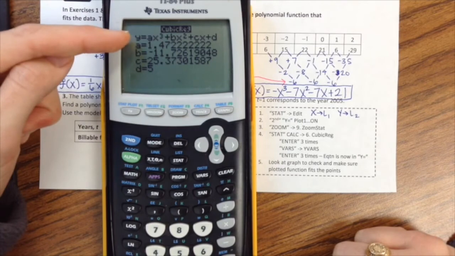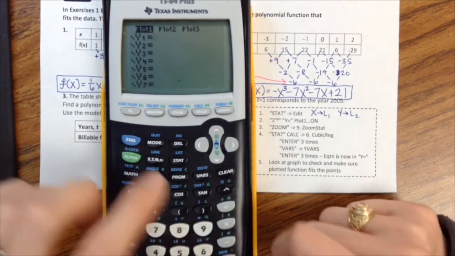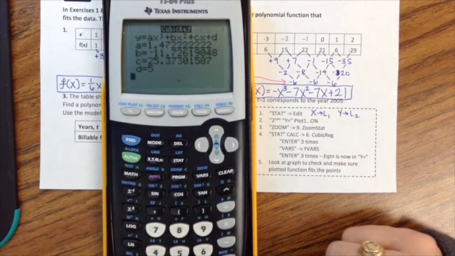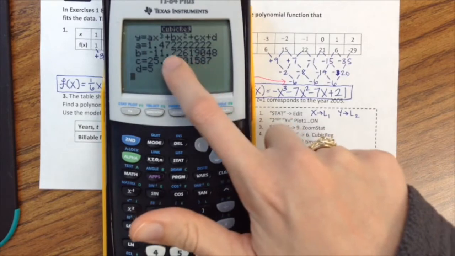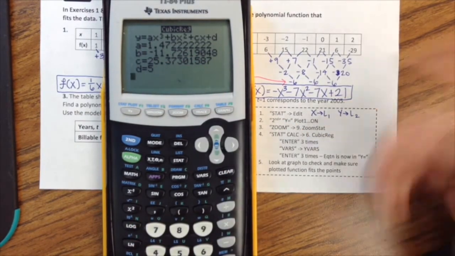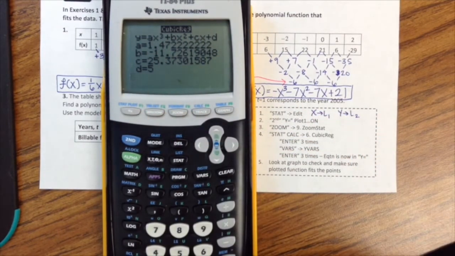Okay? You can do that, and then you could take that function and type it into y equals, but that's a really long function to type out, and those numbers don't look like they're going to make nice, pretty fractions. So the shorter way is to have the calculator take this information and directly transfer it into y equals without us having to manually type it in.